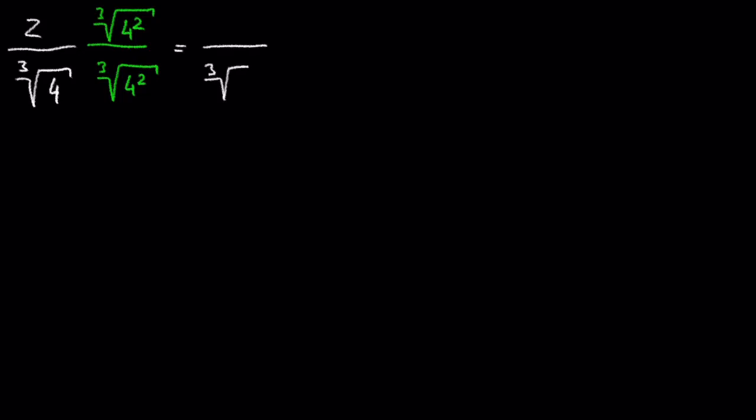2 over the third root of 4. Multiplying by the third root of 4 to the 2, gives us the third root of 4 to the 3, and 2 times the third root of 16.